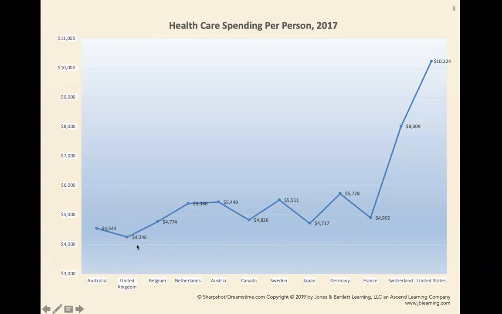They spend less than half of what we spend in healthcare per person. But even though we spend more than twice what they spend per person for healthcare, do we actually provide universal access to healthcare to our citizens? The answer is no. We all know that. Yet, why do we spend so much per person? And still, we're not able to provide universal healthcare access to everyone in this country.